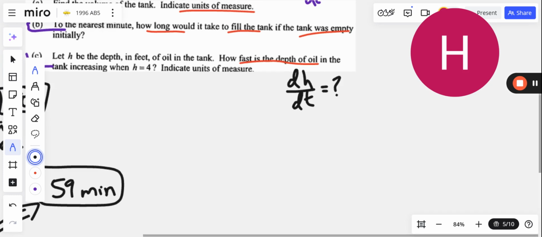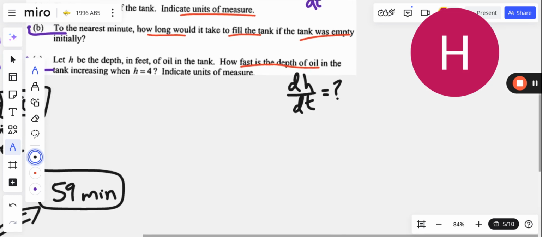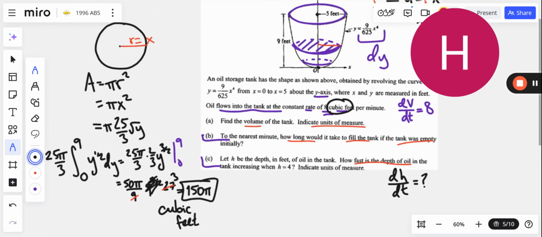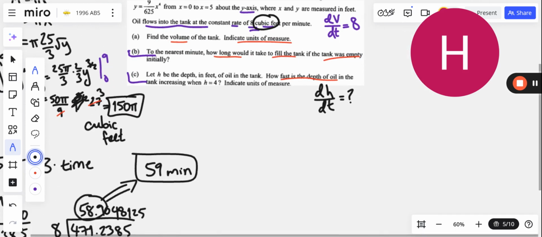So we have to find a way to extract dH dt somehow. But we also need to consider the volume, right? So the volume is given by this integral from 0 to h. 0 to 9 was the volume of the entire tank, but just from 0 to h.